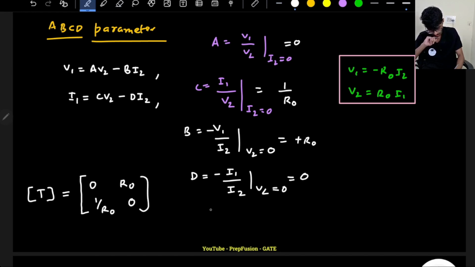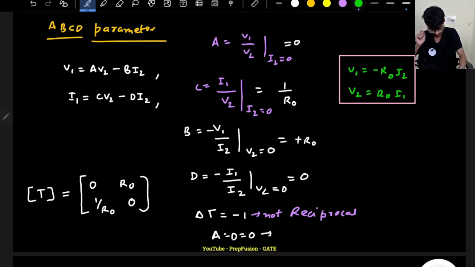If you see, the determinant of the matrix is actually minus 1. So it is not plus 1, right? If it was plus 1, then it would have been reciprocal, hence it is not reciprocal. But it is symmetrical. That I have seen from the previous parameters as well, right? That is, my A is equal to D, that is equal to 0. So it is symmetrical.